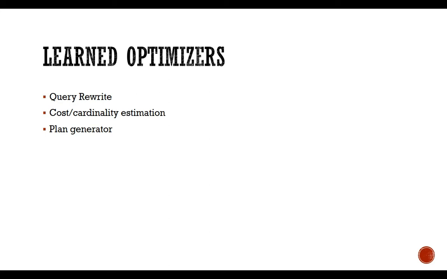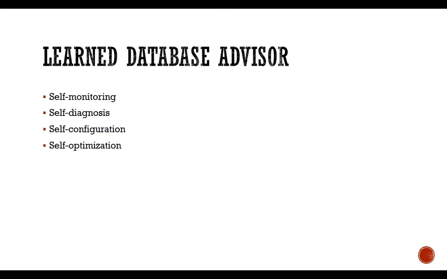Now, let's take a look at the second learning-based database technique, which is the database advisor. So the components under the learned advisor are the following: self-monitoring, next is self-diagnosis, the third one is self-configuration, and the last is self-optimization. Let's start with self-monitoring.